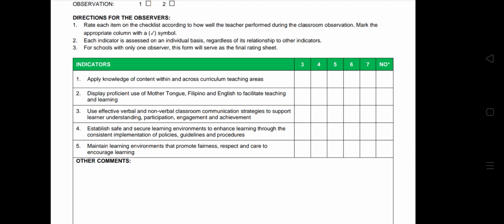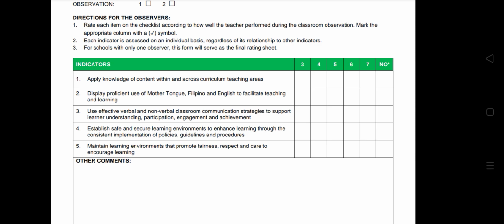Again, fellow teachers, please be reminded that when we give a rate of 7, meaning nakita namin sa teachers na nag-apply siya ng accurate, meaning tamang-tama, in-depth, malalim, and broad knowledge of content and pedagogy.